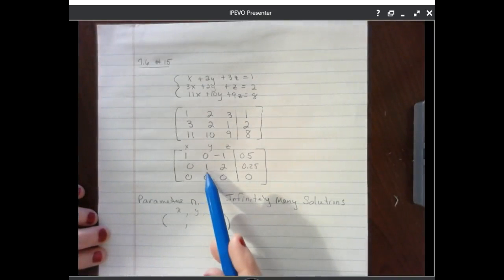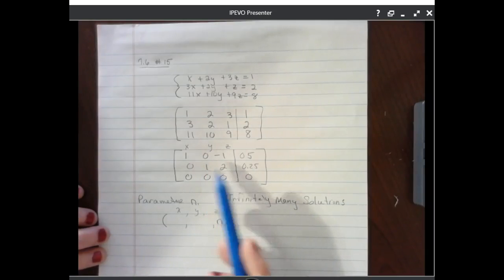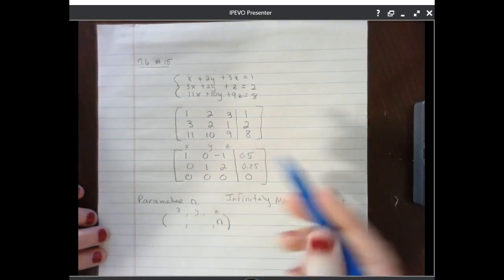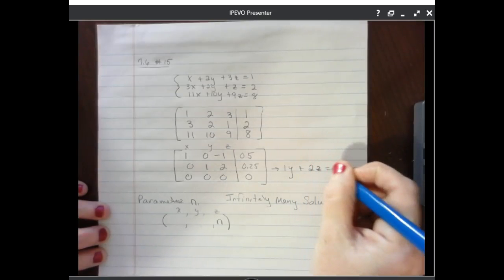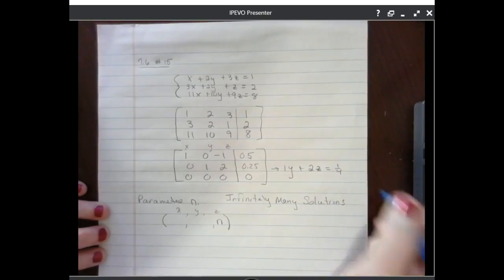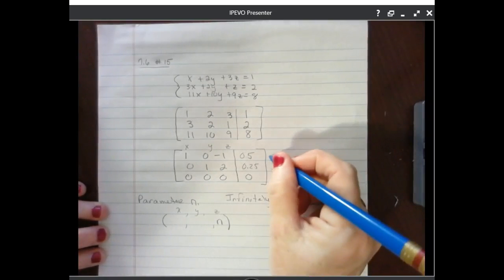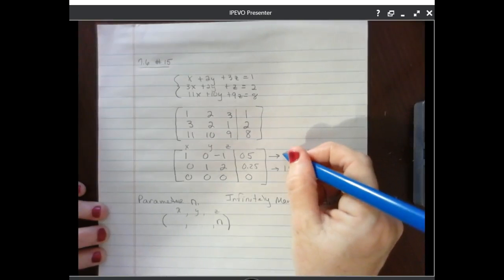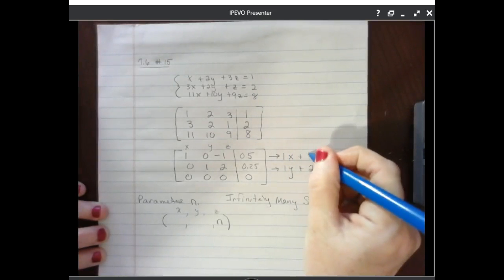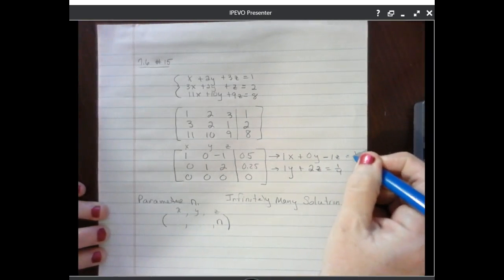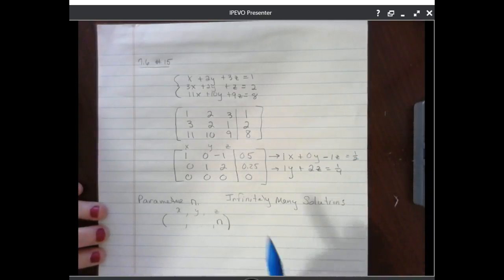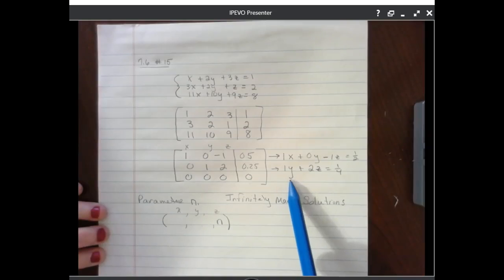So I'm going to look at this row and rewrite it as an equation. That's going to be 1y plus 2z equals 0.25 or 1/4. I'm going to write it as a fraction. And then I'm going to go back up here and rewrite the first row, which is 1x plus 0y minus 1z equals 1/2. Now I just need to solve this for y.